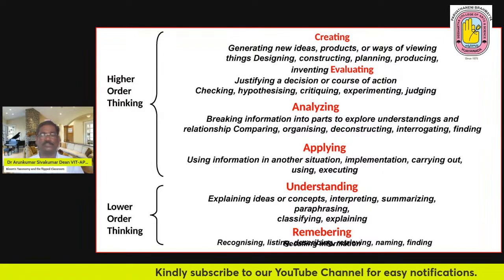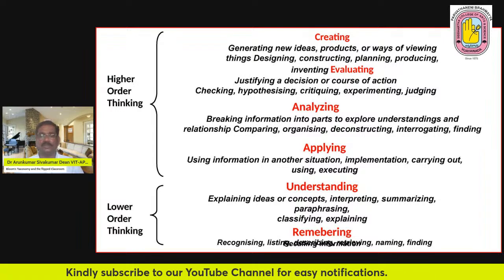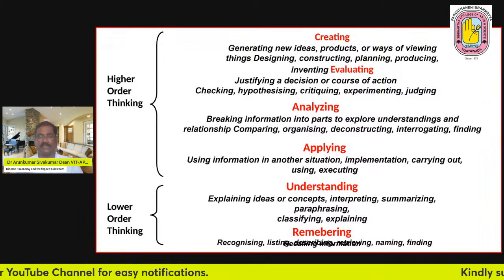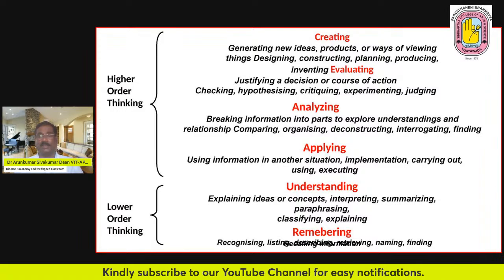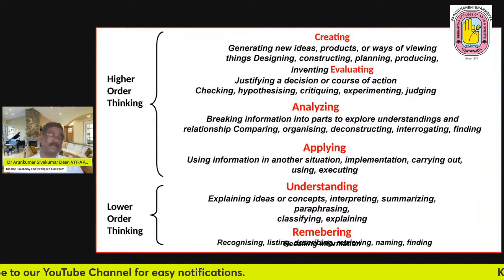understand these two concepts. First, let's talk about remembering: recognizing, listing, retrieving, naming, and finding. And the next one, understanding: explaining ideas or concepts, interpreting, summarizing, paraphrasing, classifying, and explaining.